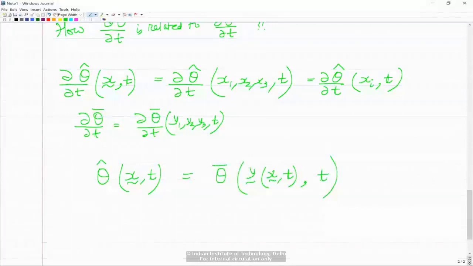We can relate the two functions in this way. And then let us take the time derivative on both the sides, because you can relate this for every time. This will hold for every time.